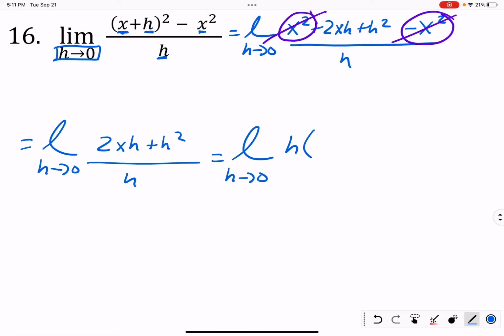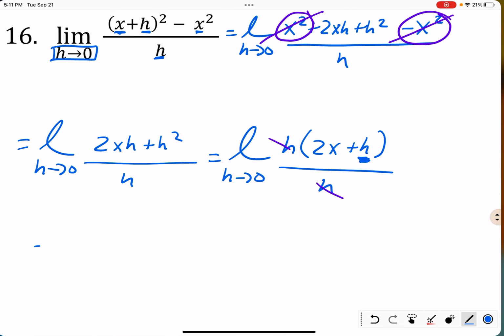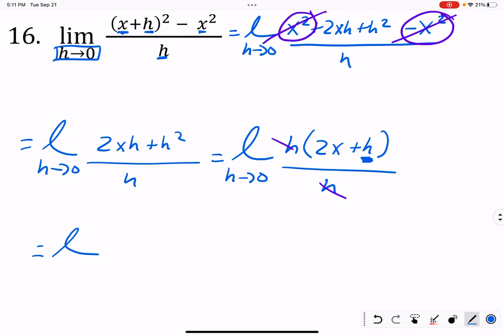So if we pull out an h, we'd end up with 2x plus h all over h. Those will go away. And now we can plug in 0, but we're only going to plug it in for h, so we're going to leave the x alone. So this equals, actually no, it doesn't equal the limit because now we're going to plug it in. So it's going to equal 2x plus 0 for a total of 2x.